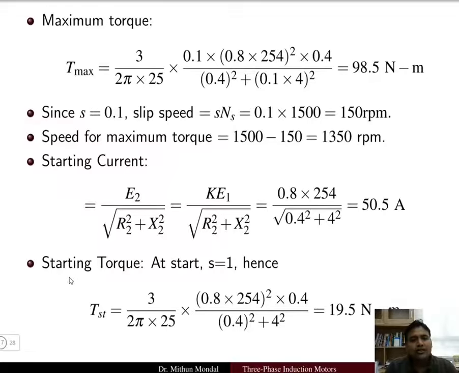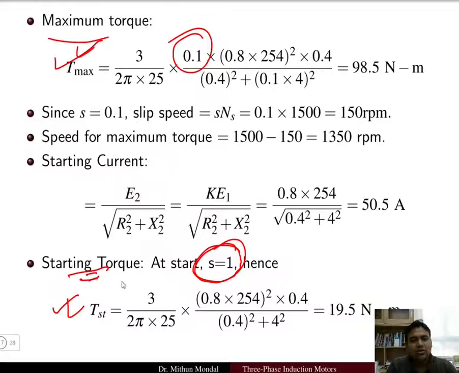Now the starting torque. At the starting we have the slip equal to 1, and the same type of formula we put in the torque max equation, we can put in the torque starting. Here the value of the slip will be 1, because we had 0.1 for the maximum torque. So for the starting torque you have to put the value of the slip as 1.